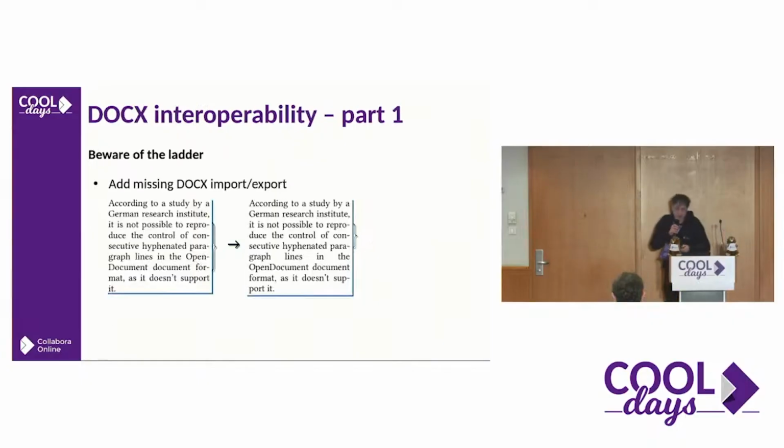And another interesting thing, the interoperability. For example, I mentioned that sometimes typographical errors are crimes. And another crime here is consecutive hyphenated lines. Mostly in German and English, the maximum is 3 lines.